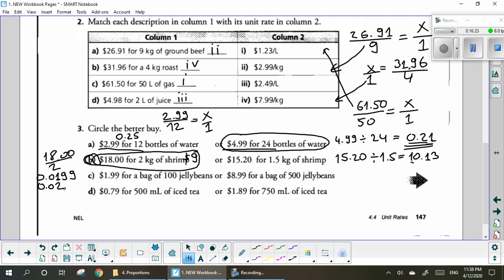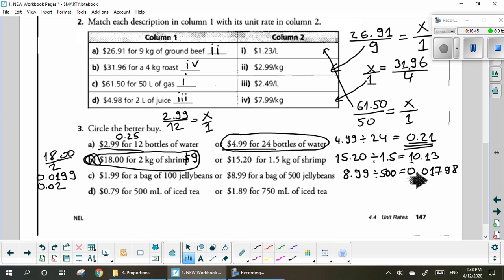That's pretty cheap. Now let's look at the other one. 8.99 divided by 500 jelly beans. Let's see what that gives us. Divided by 500, this one is 0.01798.